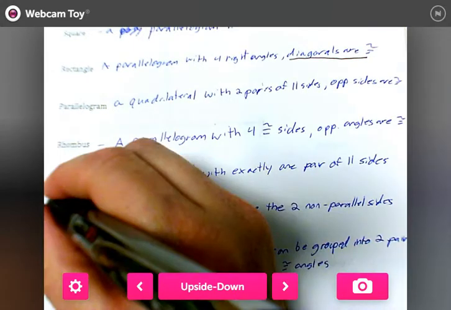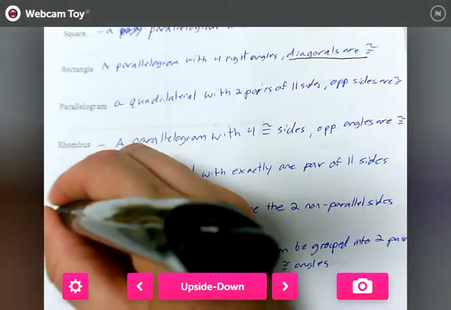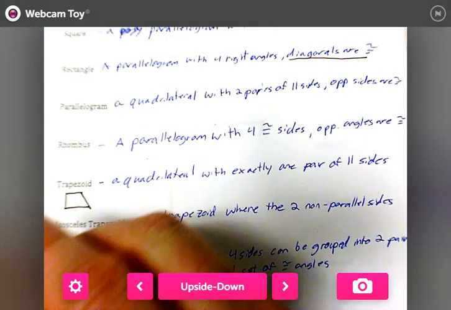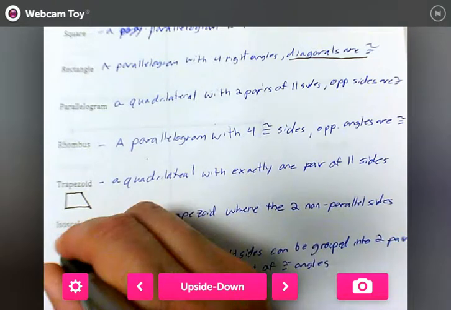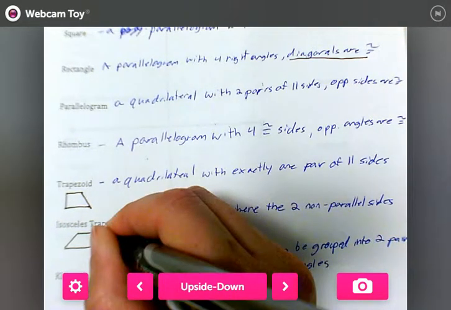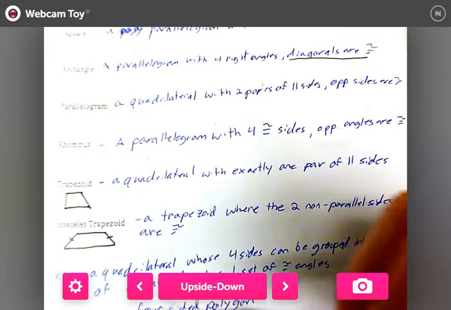So if I was going to draw a trapezoid, that's a trapezoid. An isosceles trapezoid, these 2 sides are congruent to each other. See the difference? Trapezoid, isosceles trapezoid.